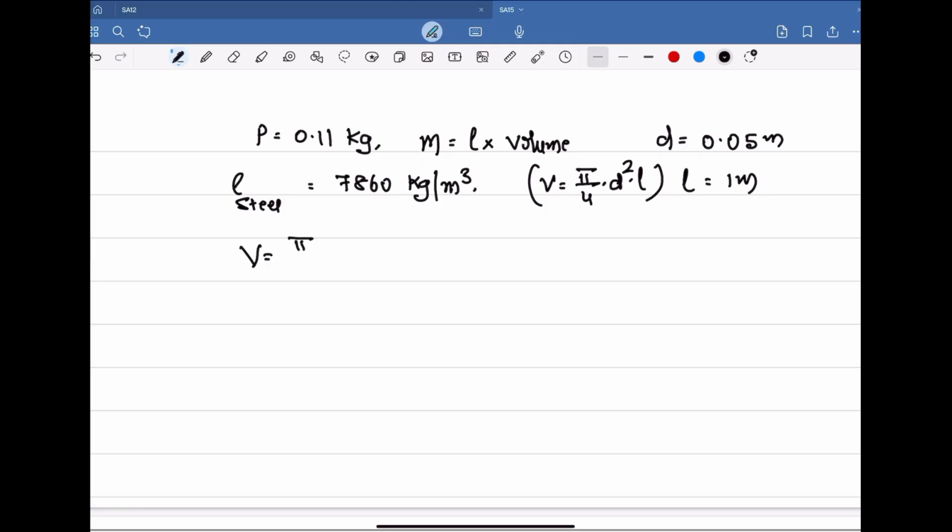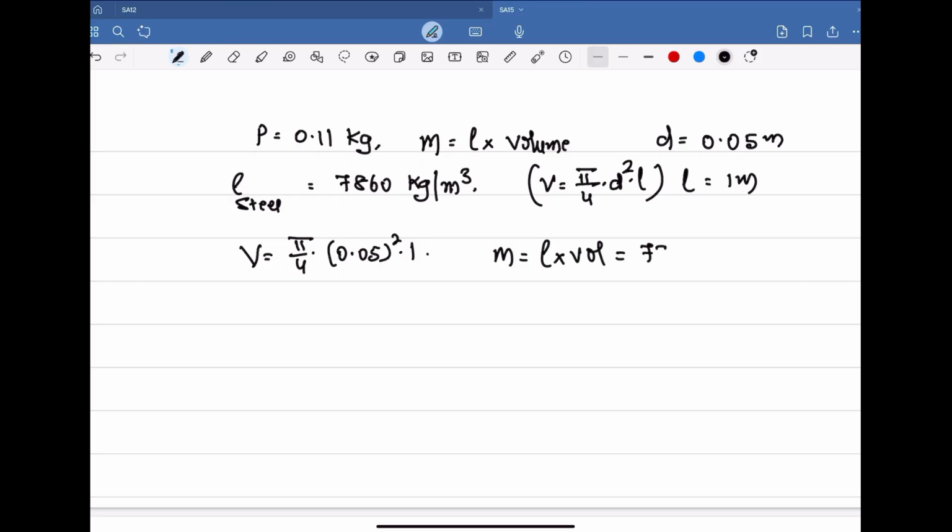Let us find out the volume. Volume is pi by 4 into 0.05 whole square into L is 1. Let us keep it this way only. Now, what is the mass? Mass is equal to rho into volume.